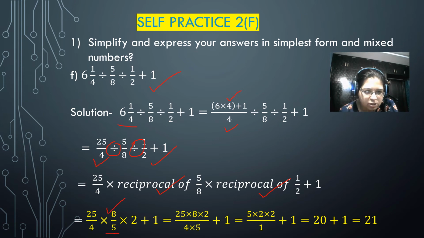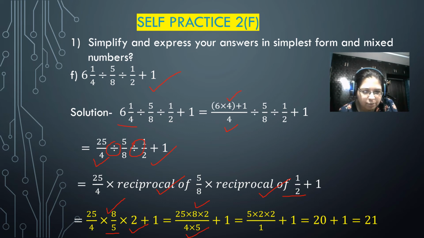The reciprocal of 1/2 is 2/1, that is 2, so 2 plus 1. Now multiplying these fractions, the product of numerators is 25 multiplied with 8 multiplied with 2, divided by the product of denominators, 4 multiplied with 5.